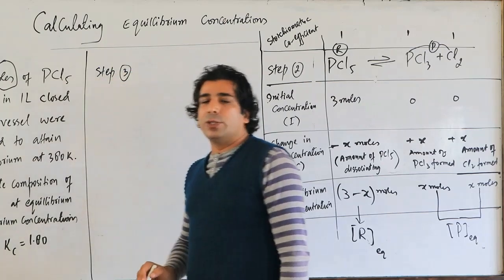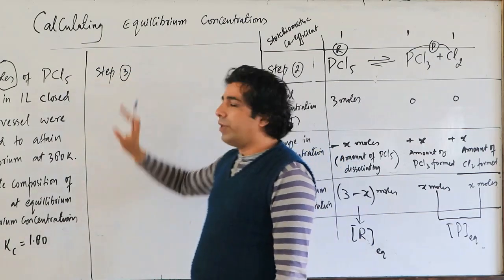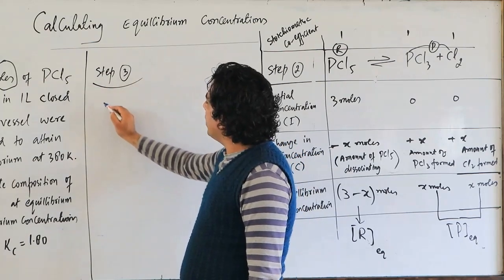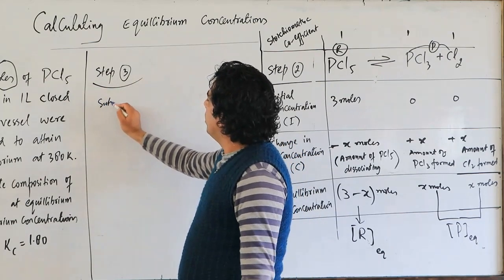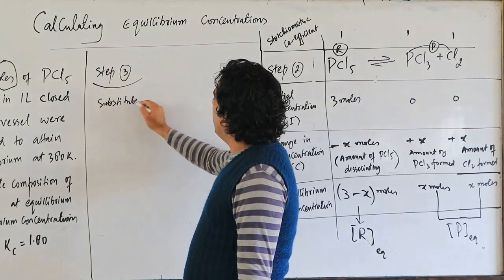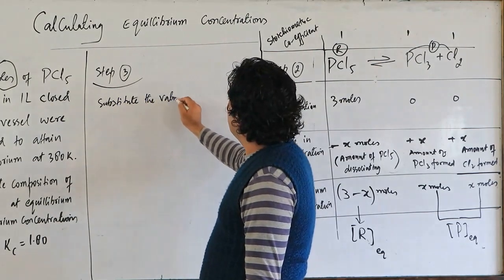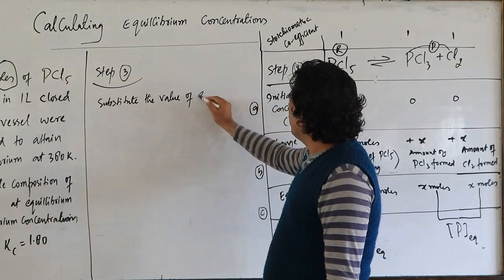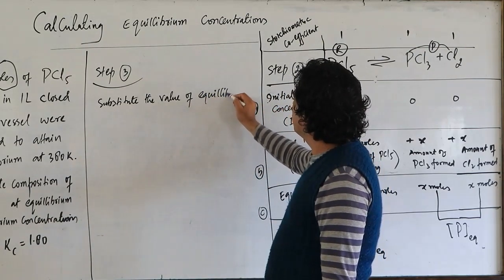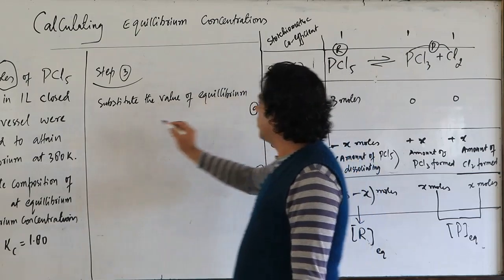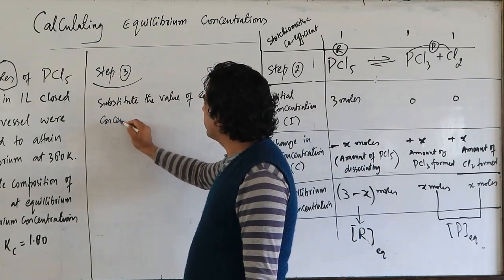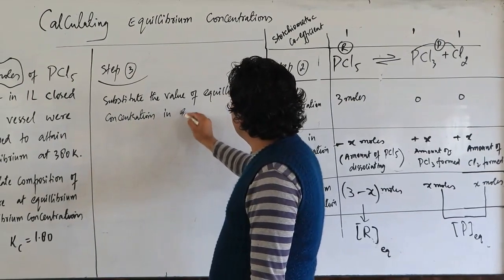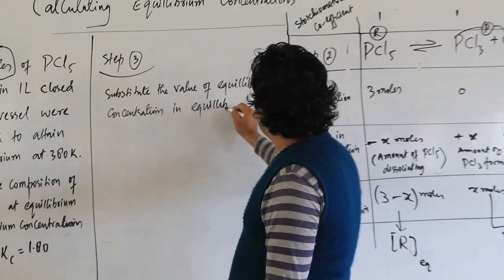We have already done 2 steps. This is step number 3. In step number 3, have a look. We will substitute the value of equilibrium concentrations in the equilibrium equation.